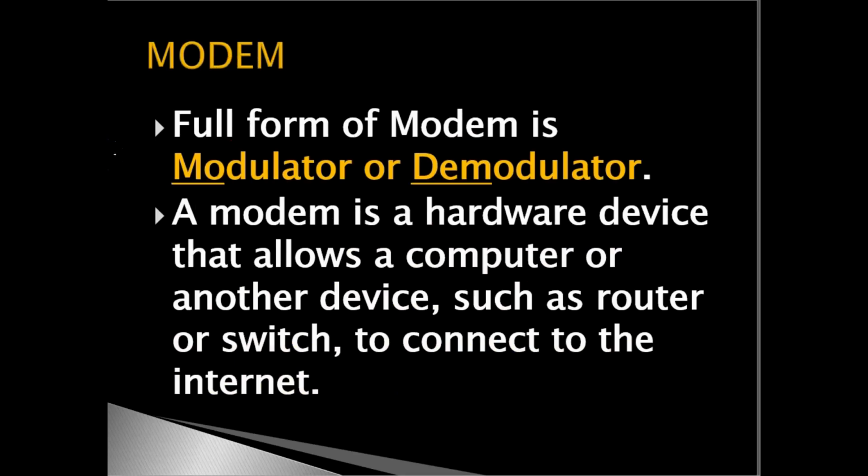Next slide. The next slide is modem. We have already studied that modem. In the word modem, M stands for modulator and DEM stands for demodulator. This modem converts analog signals to digital signals. Make a note of it.